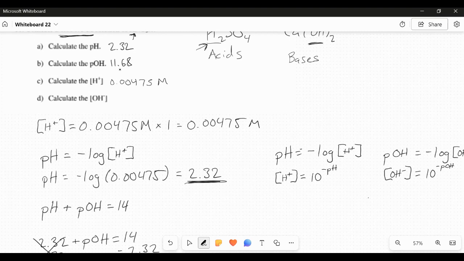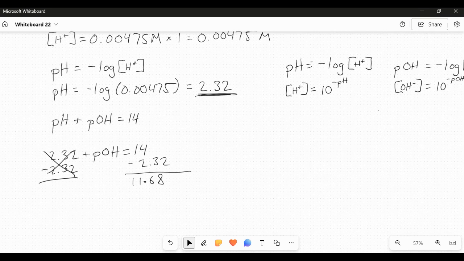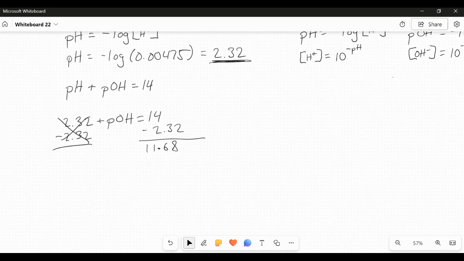Because I have my pOH right here, my concentration of OH minus is going to be equal to 10 to the negative 11.68 power. So let's plug that into my calculator.